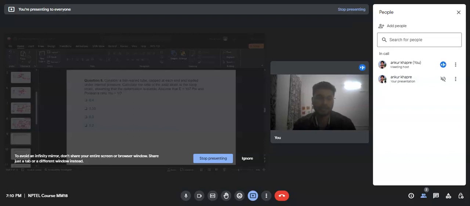So this side we'll say is the longitudinal direction, and the stress in the longitudinal direction will be the axial stress.